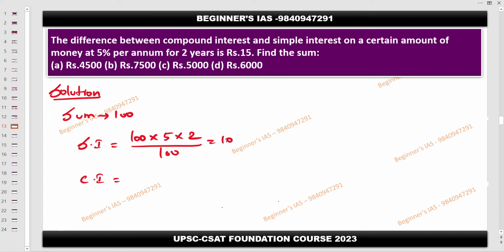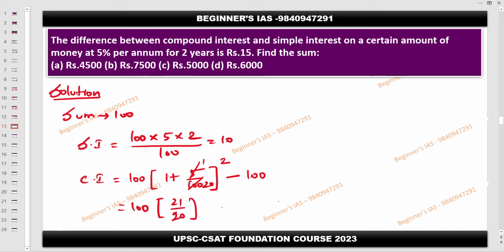Compound interest, what is the compound interest? P into 1 plus R by 100, all power T, where T is nothing but 2 here, minus again P. So 100 times 21 by 20 the whole square, minus 100.